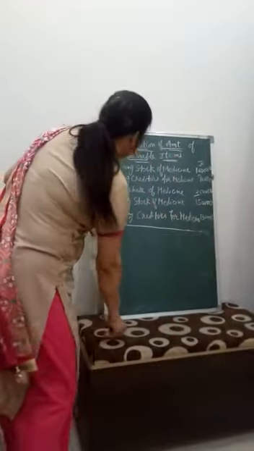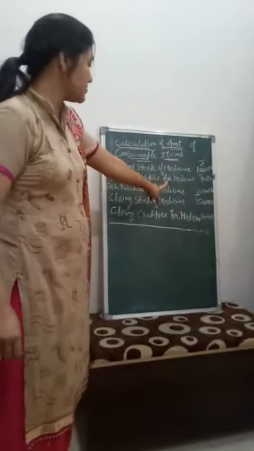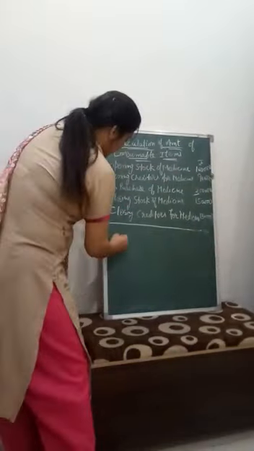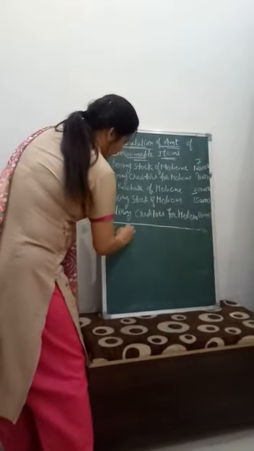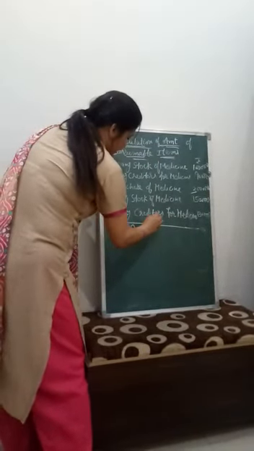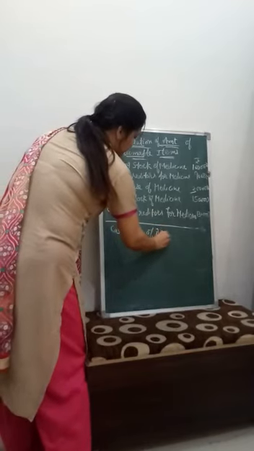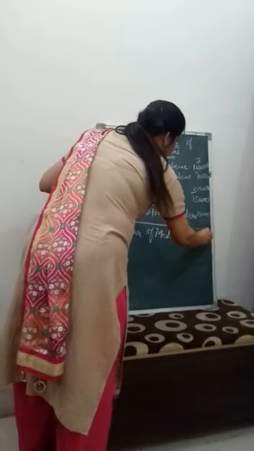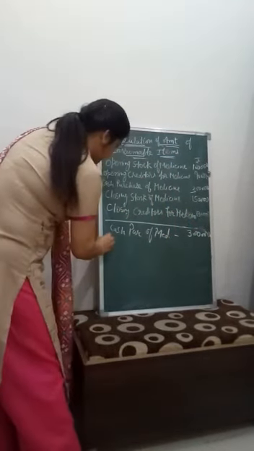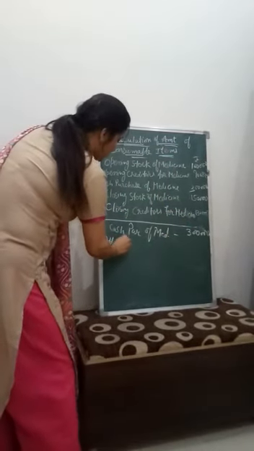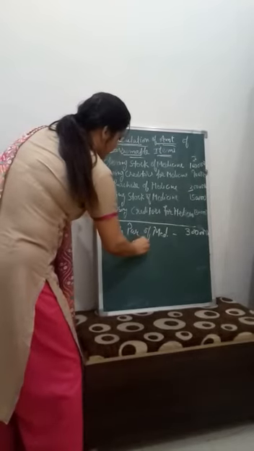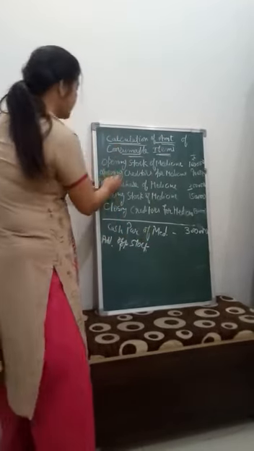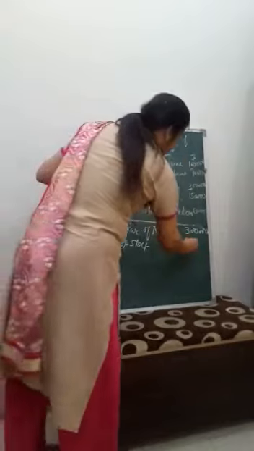Then we take an example formula. Cash purchase of medicine, rupees 3 lakh, and opening stock of medicine, 90,000.